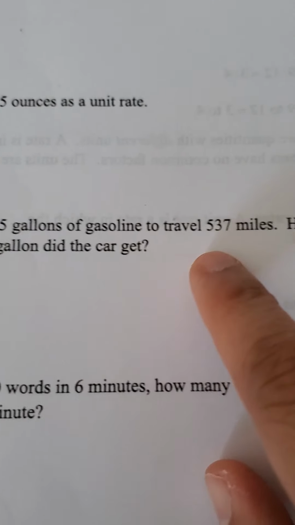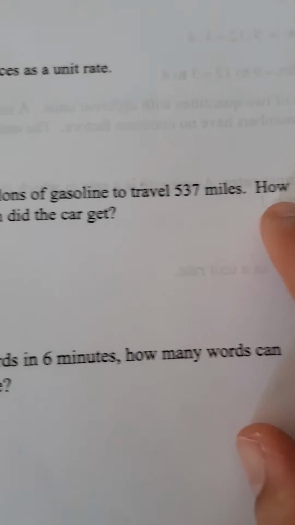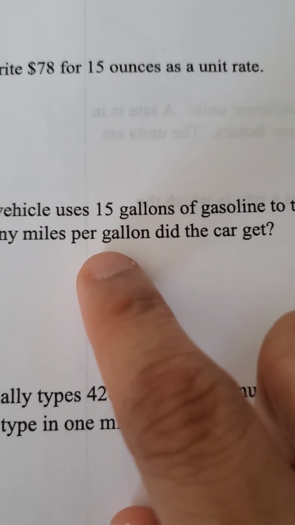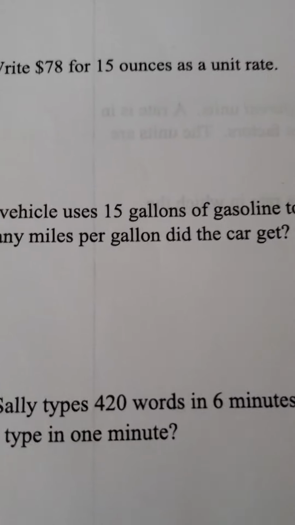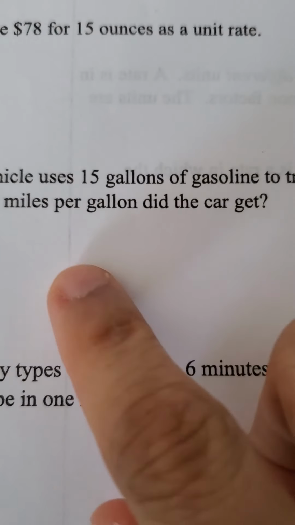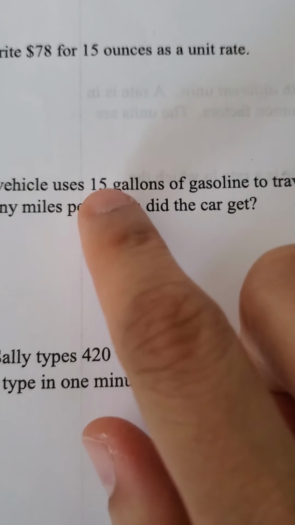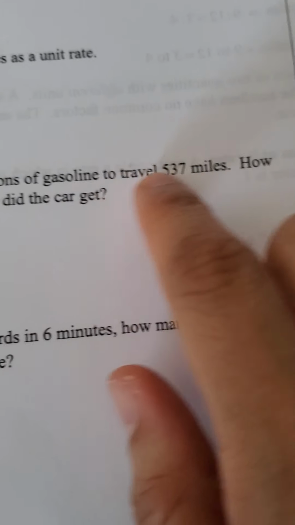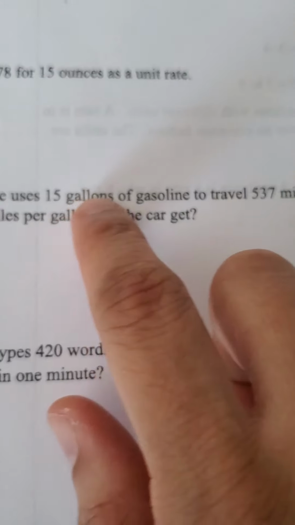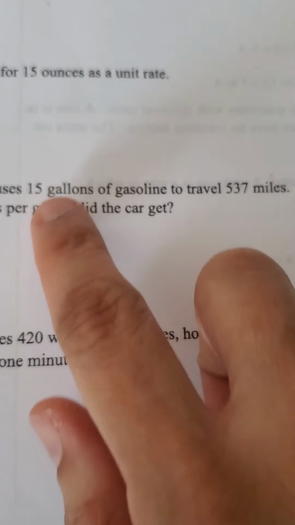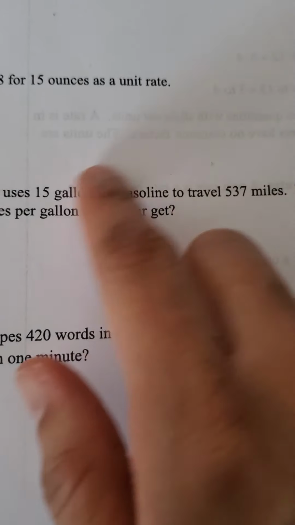Look at the question here. It's asking how many miles per gallon. So what has to come first is the unit miles. They're not asking gallons per mile. So don't fall into the trap of setting up your problem the way it's written here, as in 15/537. It's actually the other way around.